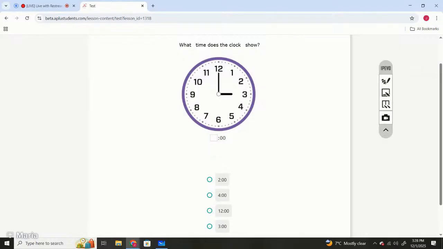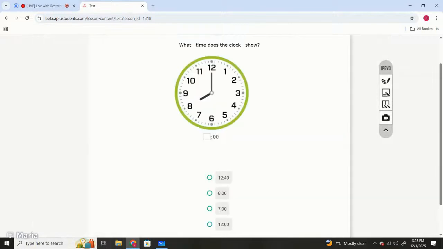What time does the clock show? That is 3 o'clock. The correct option is 3. What time does the clock show?